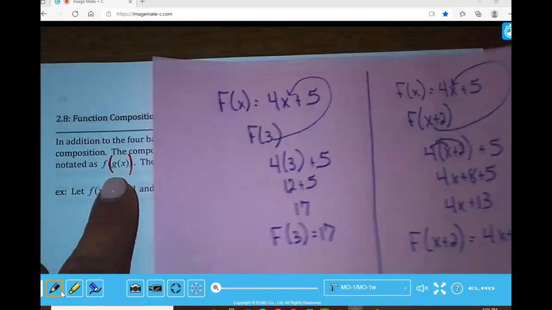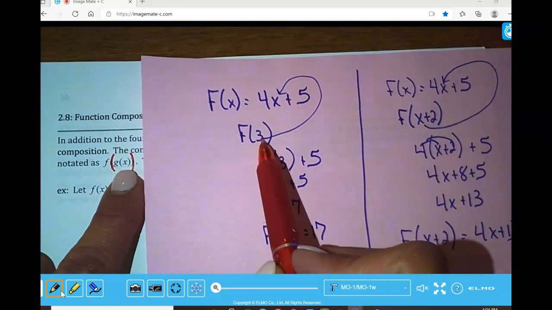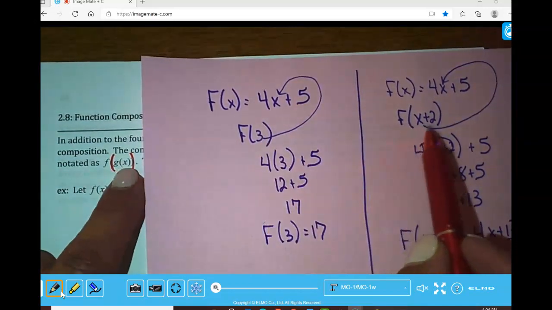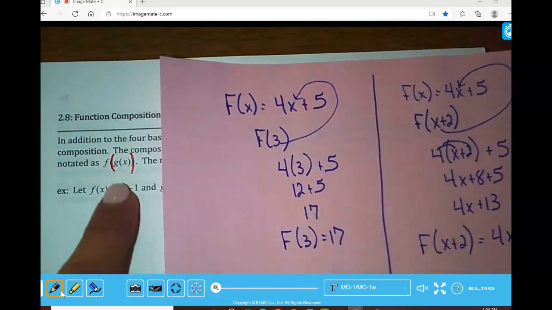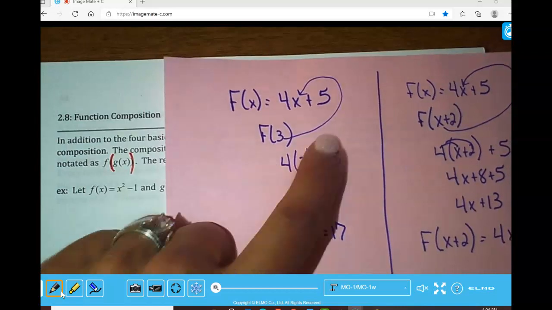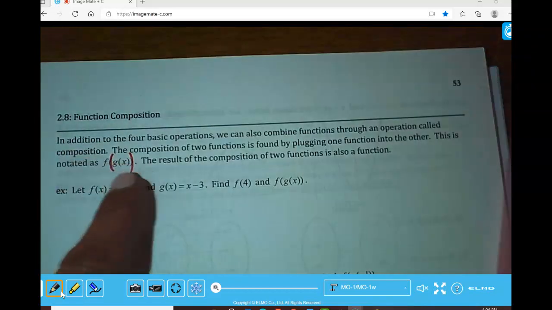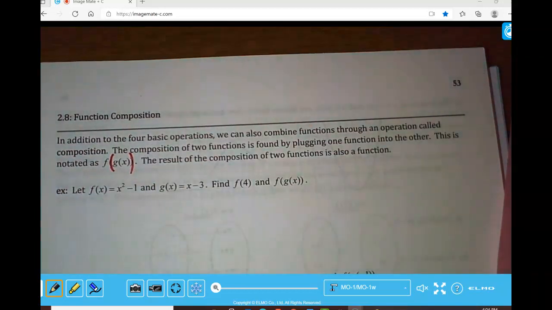And if you think about it, this f is like this f, and g of x is like 3. Or this f is like this f, and g of x is like the x plus 2. All right? So where this said take 3 and put it into the function, and take x plus 2 and put it into the function, this says just take g of x and put it into the function. All right?